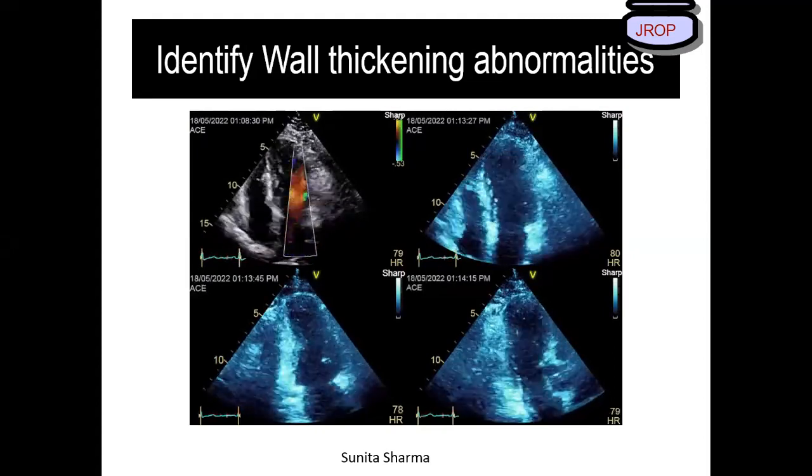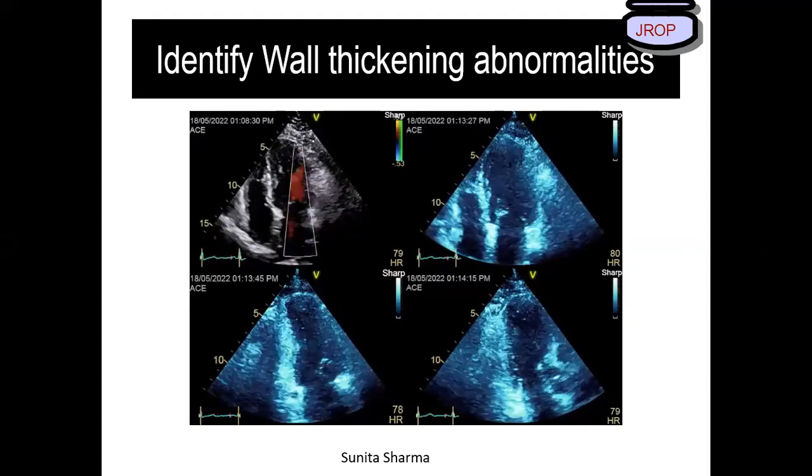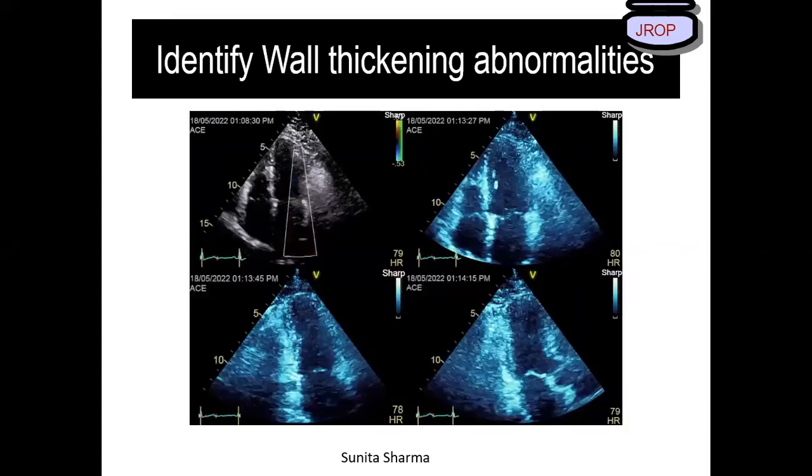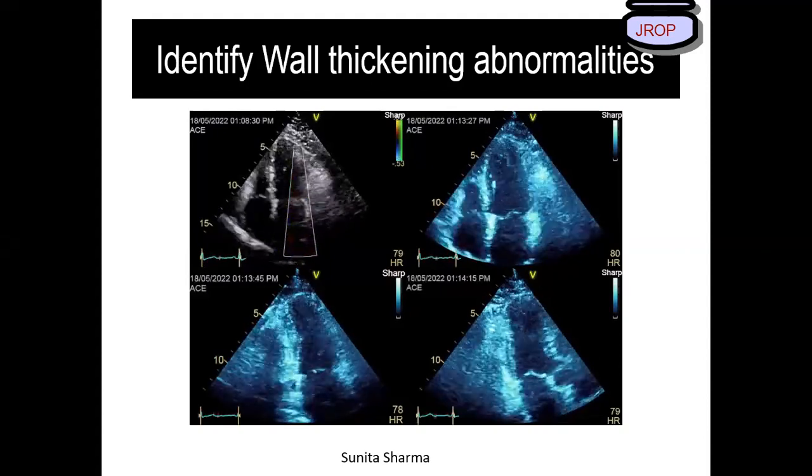Yes, sir. Umesh, tell me wall motion abnormalities. Sir, in 4-chamber, apical septum and apical lateral are akinetic, sir. Okay.